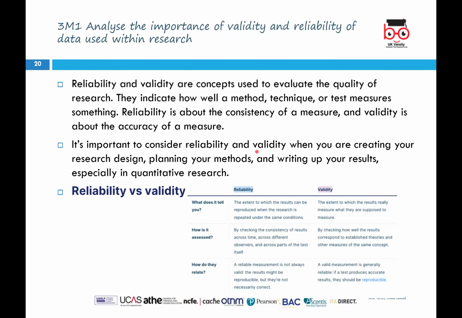A bit about reliability versus validity. So these are two concepts that talk about the quality of your research, and they tell you what method you have used, and how strong is that method. So your research methods have to be very strong. Okay.